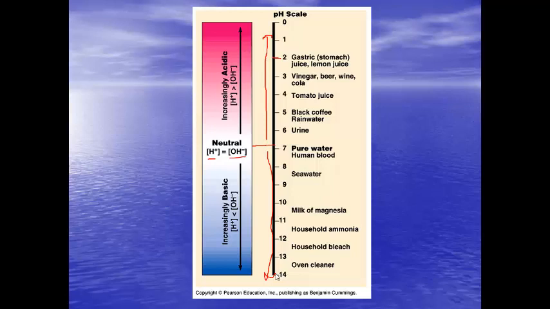If something like oven cleaner has a pH of 13, that means that there's 10 to the negative 13 hydrogen ions, which is really small, and there's 10 to the negative 1 hydroxide, which is a very, very large number. Again, the pH is always referring to the amount of hydrogen ions.